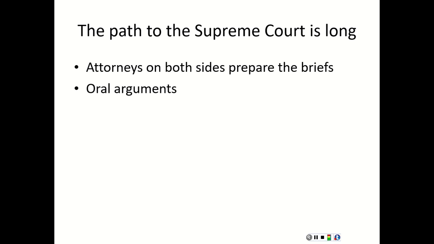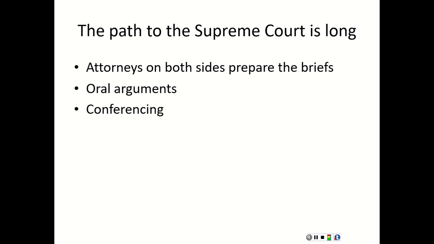Well, once oral arguments are over, then what happens? We see that the judges will do what we call conferencing. After the arguments, the justices meet to discuss the case. This discussion is kept secret. They will sit here and discuss who made the better legal argument and why.